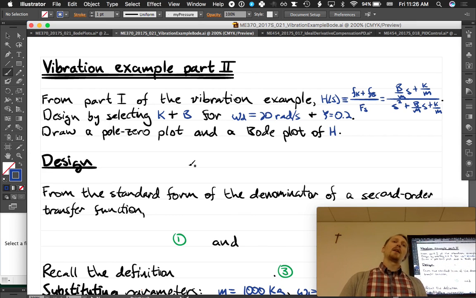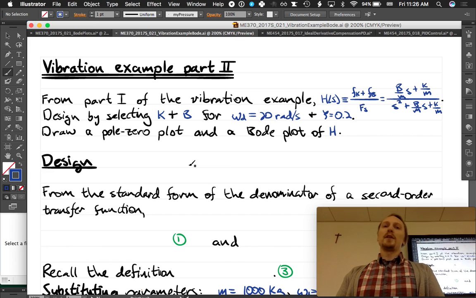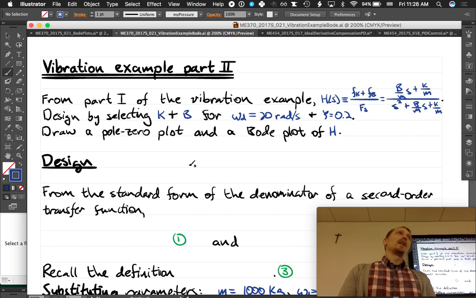So we want to design by selecting K and B, and what we want is a damped natural frequency, omega d, of 20 radians per second. That is something that we chose based on probably the idea that our motor is going to be operating at a much higher frequency than that. And we don't want our natural frequency, or our damped natural frequency, which is close to the natural frequency, to be anywhere near where that motor is going to be operating, right?